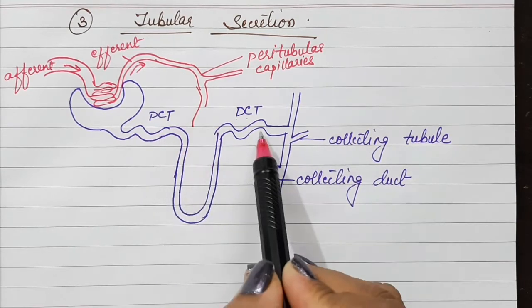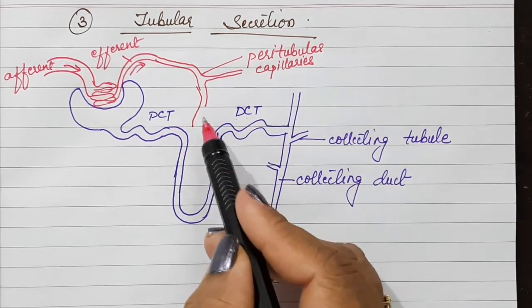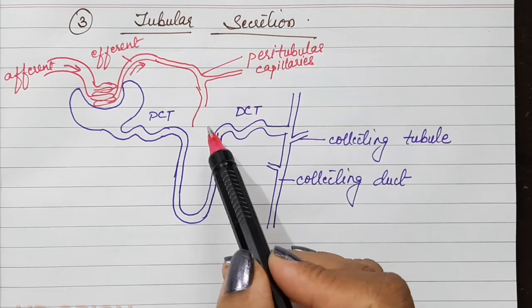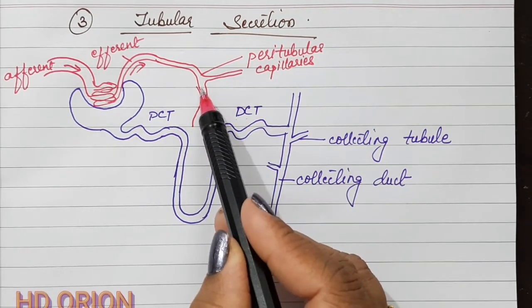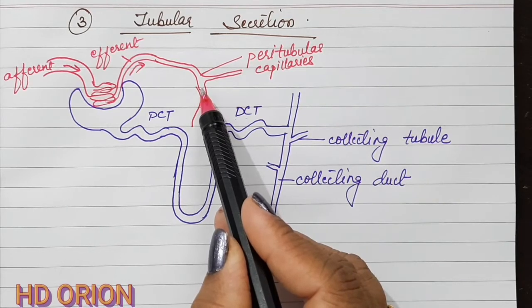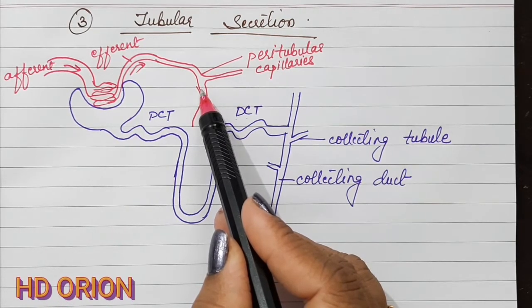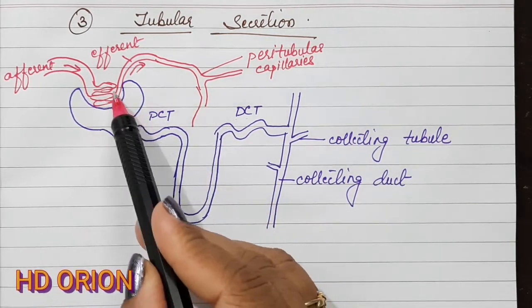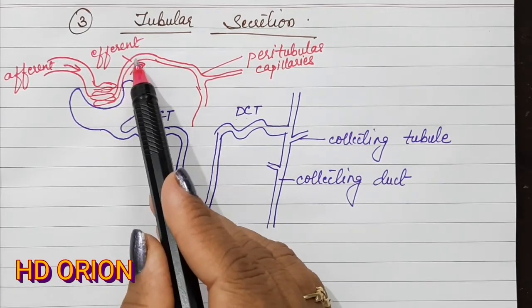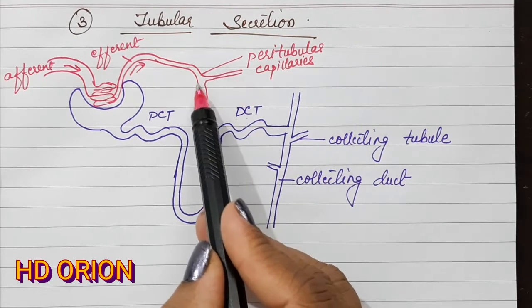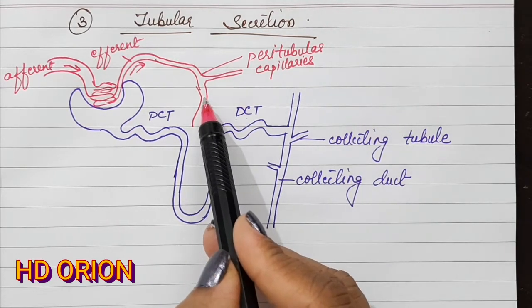In these two tubules, the waste material or the unwanted substances are removed from the peritubular capillaries. There are still much more nitrogenous waste and other substances present in the blood even after filtration. So after the filtration, the blood moves from the efferent arteriole, which further forms the capillaries called peritubular capillaries.